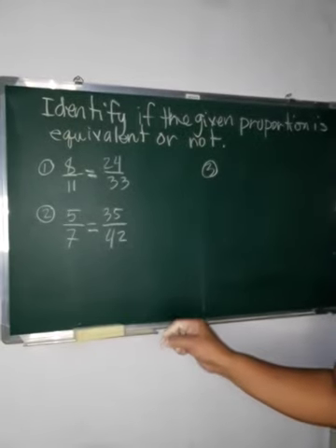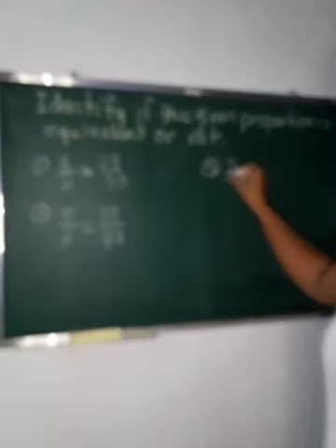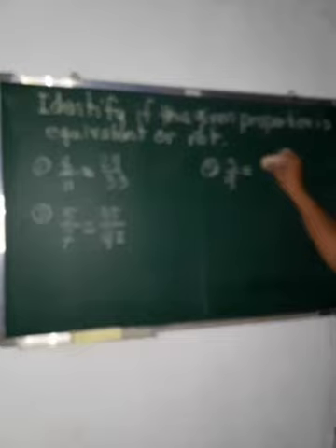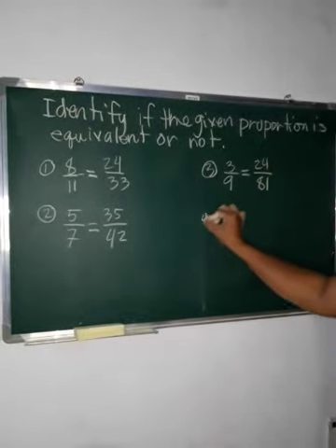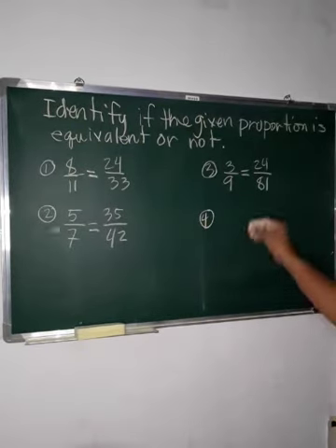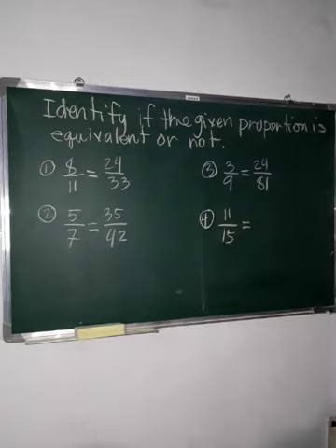Number 3, we have 3/9 is equal to 24/81. Number 4, we have 11/15 and 55/90.